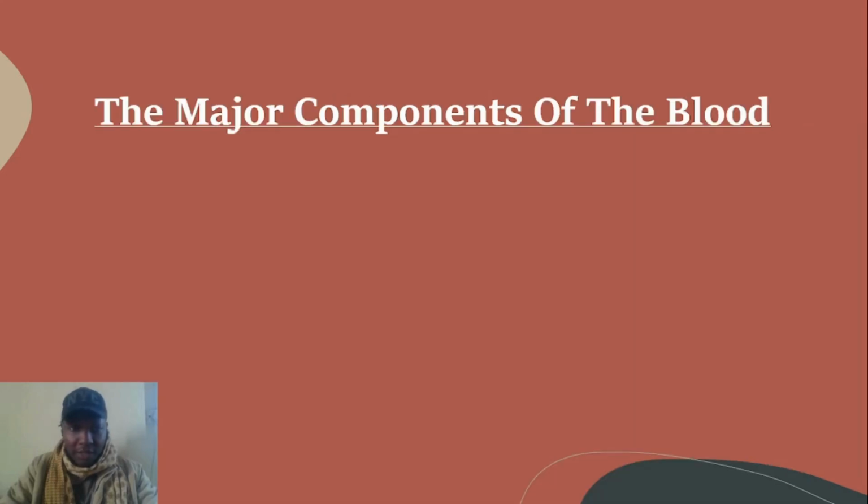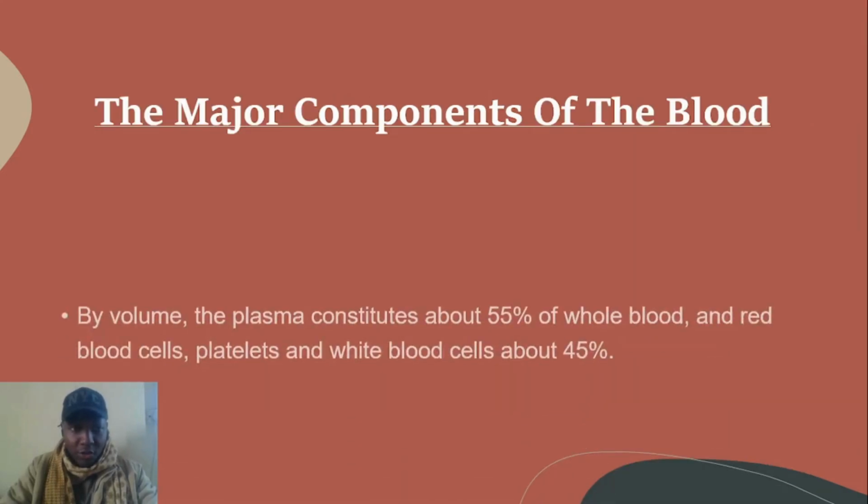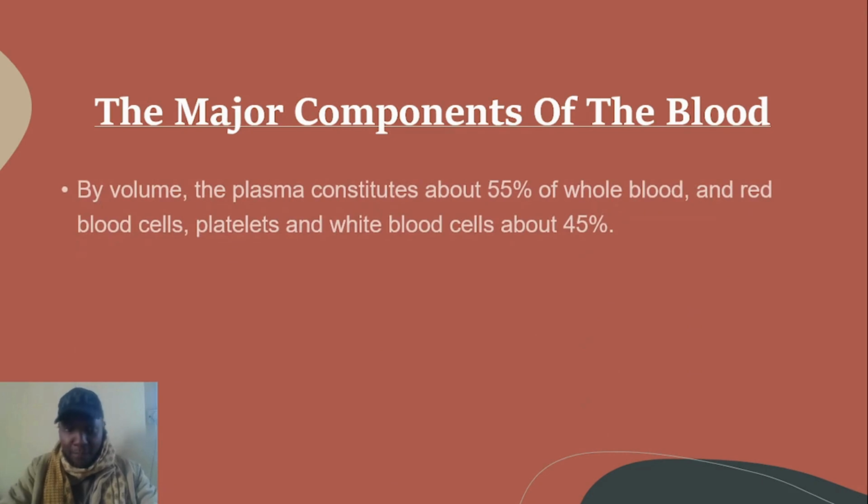Now, the major components of the blood by volume: the plasma makes up about 55% of the whole blood, and the red blood cells, platelets, and white blood cells make up about 45%. When we talk about volume here, we mean the capacity these components occupy within the blood.